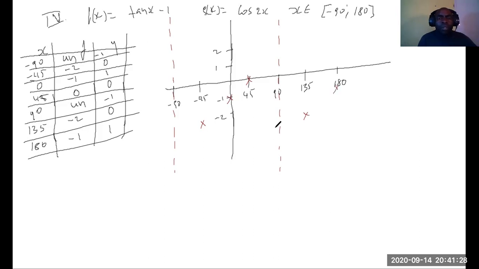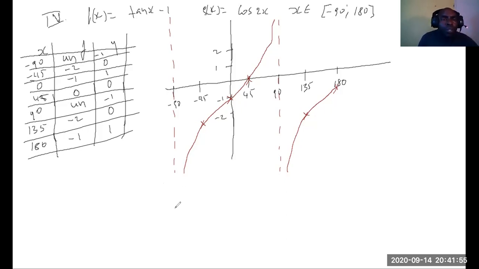So start from undefined, going up, then starting here, going there. Okay, then I go to the other graph, and make it yellow.